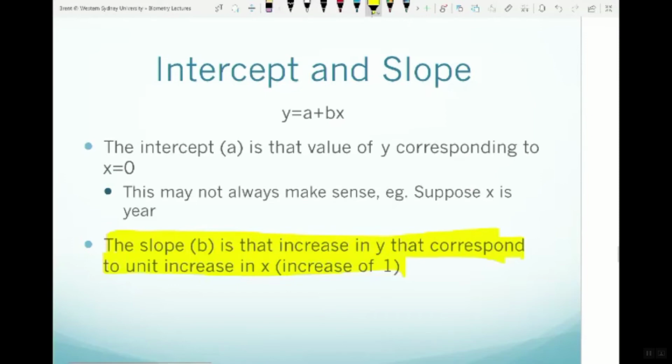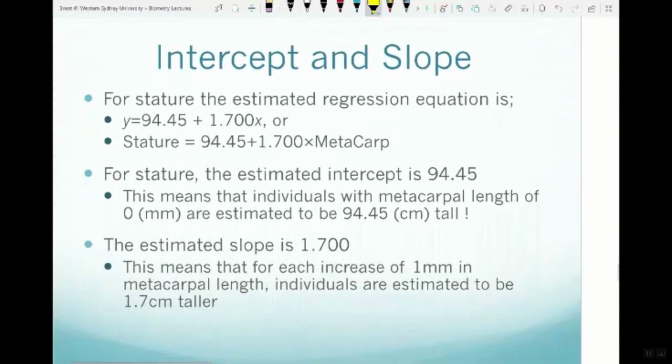For us, we're talking about bone and stature, metacarpus versus height. We got a number, 1.7. 1.7 was our slope for the line that best fit the data. Does anyone know what that means? How would you interpret that in terms of metacarpal lengths and stature? It's okay if you don't. We'll get to that.